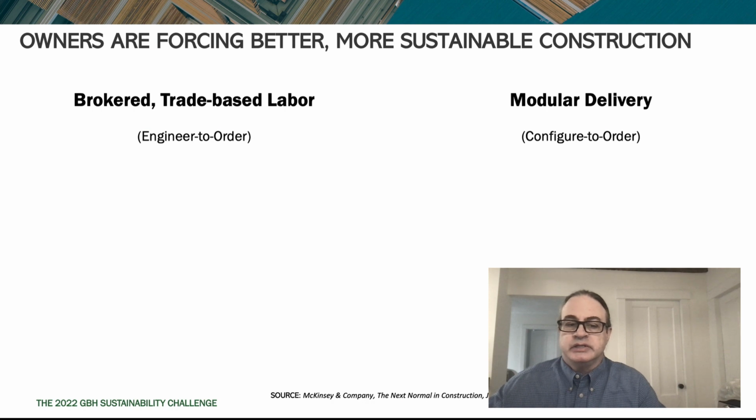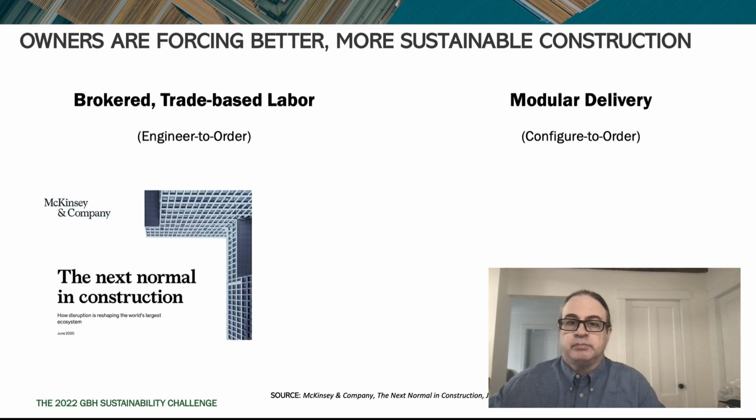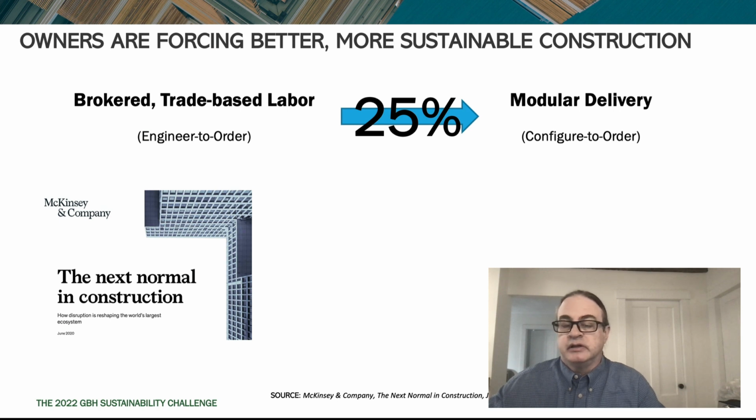Now, McKinsey and Company did a report called The Next Normal in Construction. In that analysis, which came out a couple of years ago, but it caught a lot of attention among owners and large general contractors, they predicted that 25% of the total volume of construction was going to shift to modular delivery over a period of the next several years.